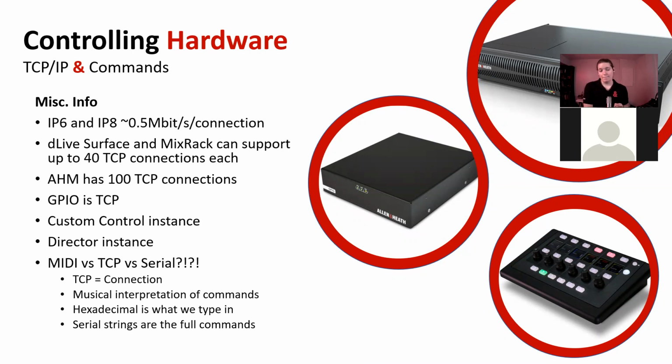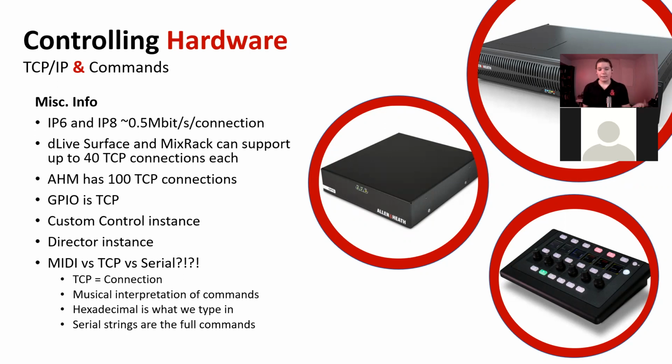In other words, it's very small amounts of data. That's what's great about TCP IP and using hexadecimal: the actual bandwidth needed to send the commands is very, very small, which means we can have lots of different connections going at one time. So the IP6 and the IP8, just for a fun fact, have a very low connection.